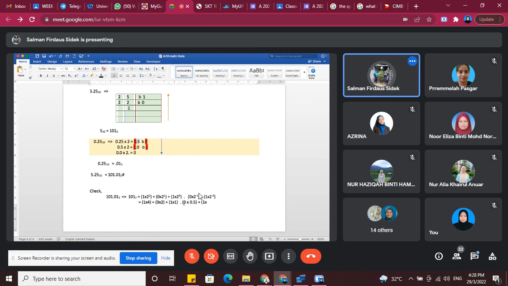Okay, ni 1 kali 2 kuasa negatif 2 berapa? 0.25. Macam tu lah dan seterusnya.